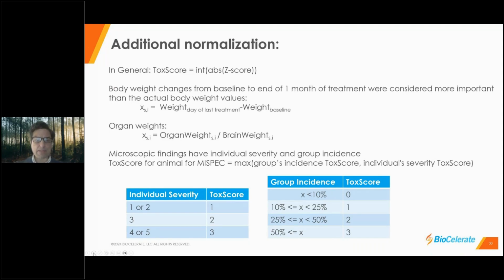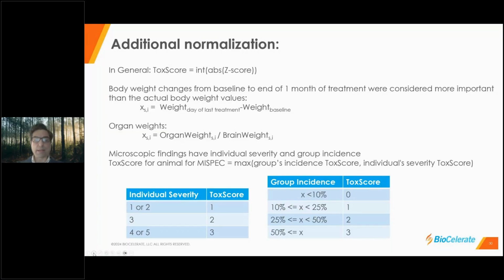For organ weights, similarly, we consider the organ weight divided by the brain weight to be a better indication of the organ weight impact than the individual values.